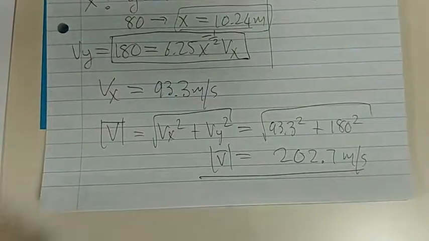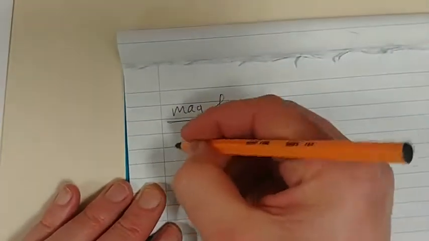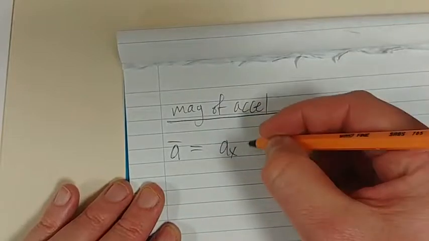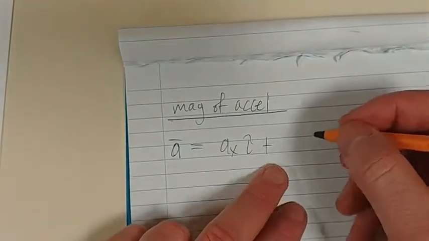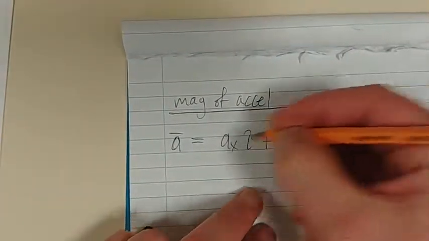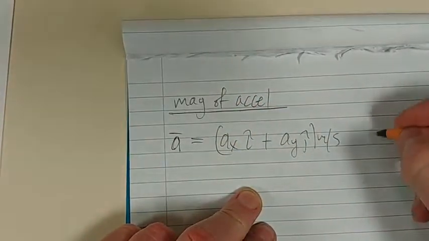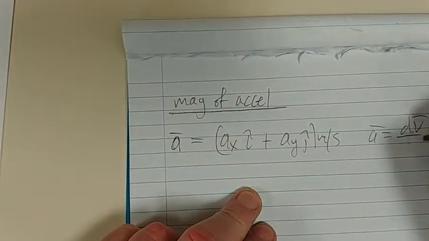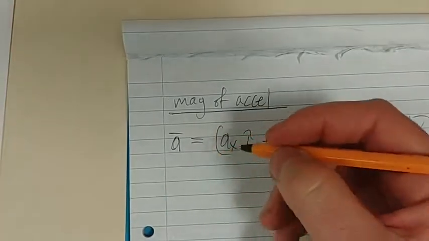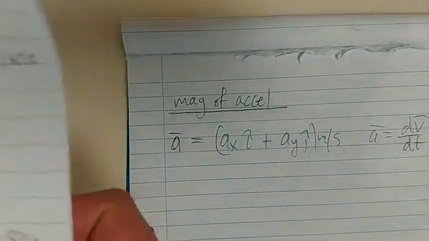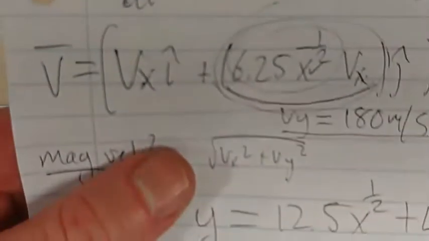The next thing that we want to do is calculate the magnitude of the acceleration. Acceleration is Ax i plus Ay j, in meters per second squared. And we know a is dV/dt. What is V? V is given by this.